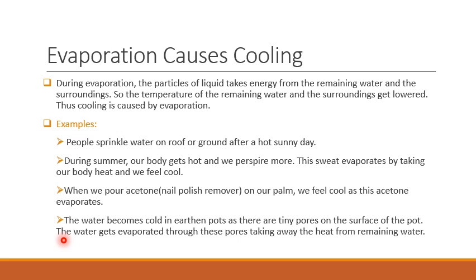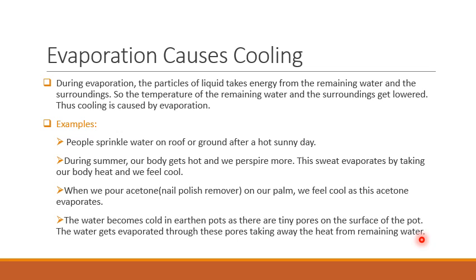Now, next example, the water becomes cold in the earthen pots, or I can say the matka, during the summer. Now, why does this happen? This happens because there are tiny pores on the surface of the earthen pot. So the water gets evaporated through these pores, taking away the heat from the remaining water.